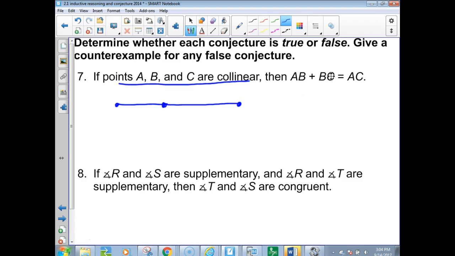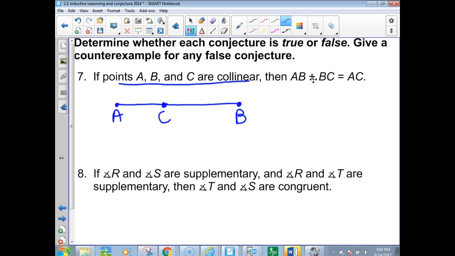Then AB plus BC equals AC. If we do this, then B would have to be between the A and the C to make this true. Do we have to put points A, B, and C with B in between the A and the C just to make them collinear? Can we draw it so that B is not between there? So you could do A, then C, then B. And now that's not true over here.